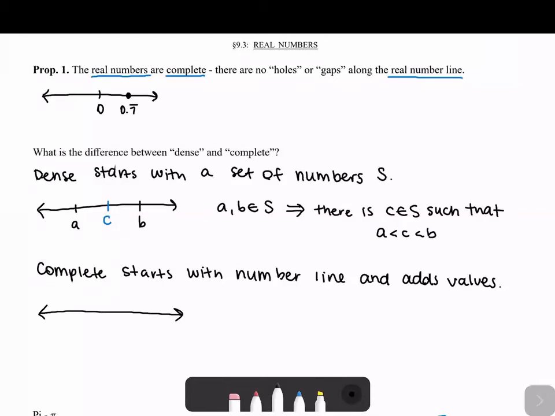So if we just look at the integers, for example, we have -2, -1, 0, and 1. If we're looking at this number line of integers, well, we can see that there's this space here between 0 and 1, right?